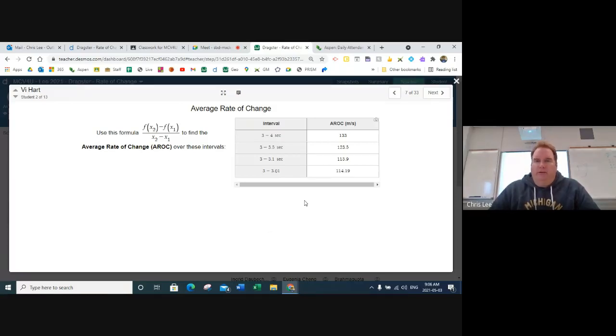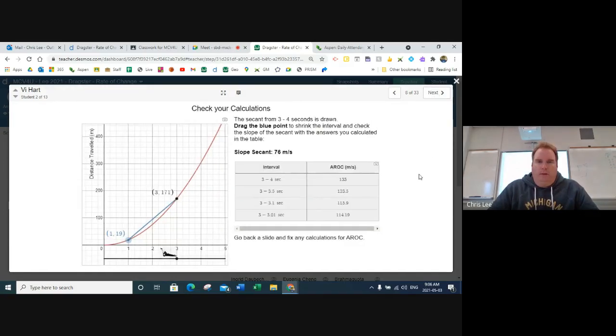And we get down to 114.19 as the average speed between 3 and 3.01 seconds. So what's going on? We should all have eventually gotten to this slide, and I'll just put it back.